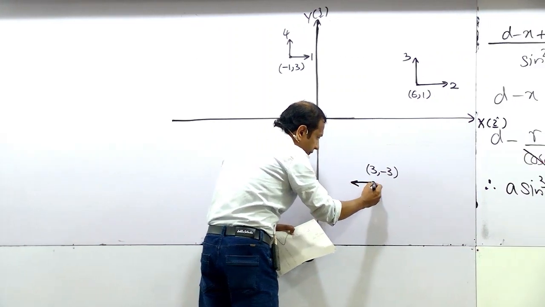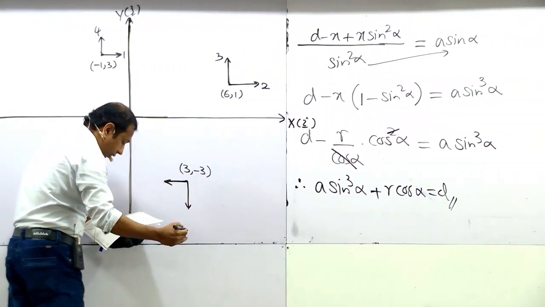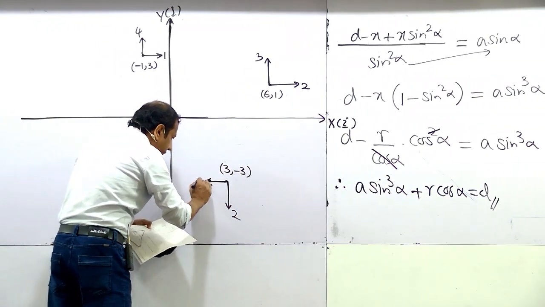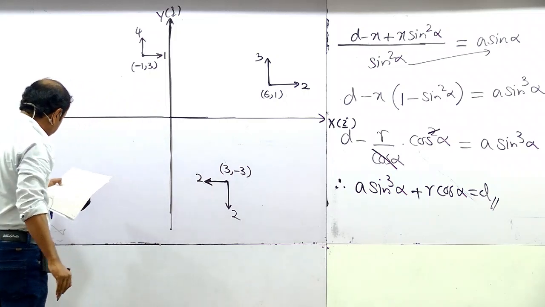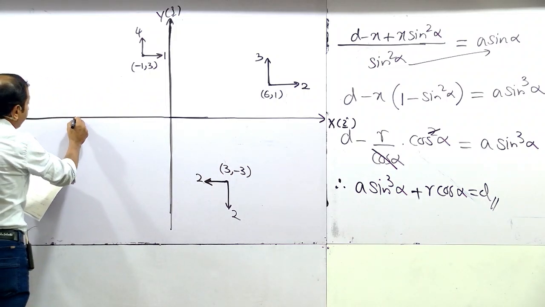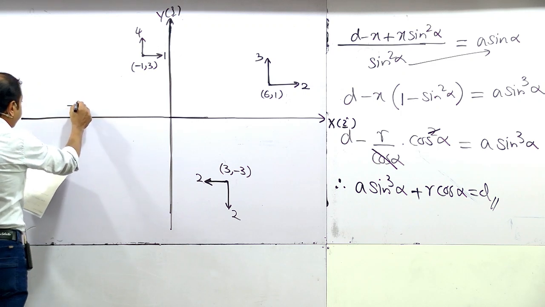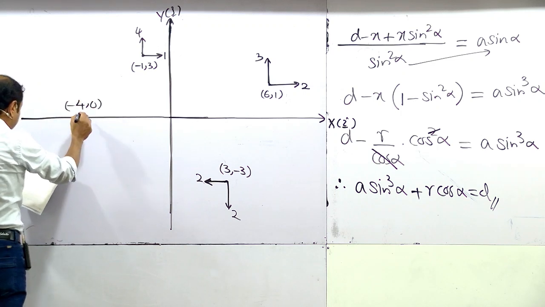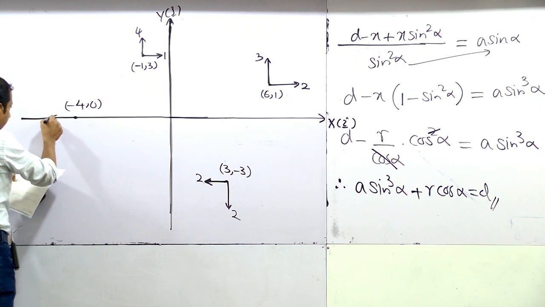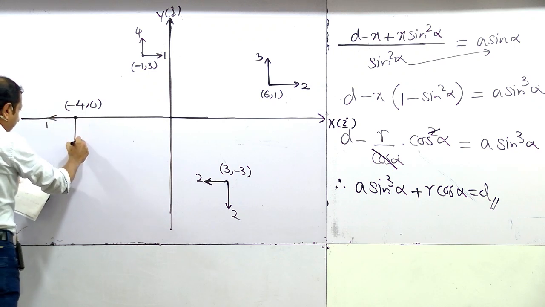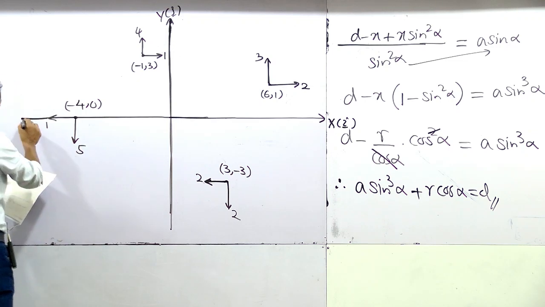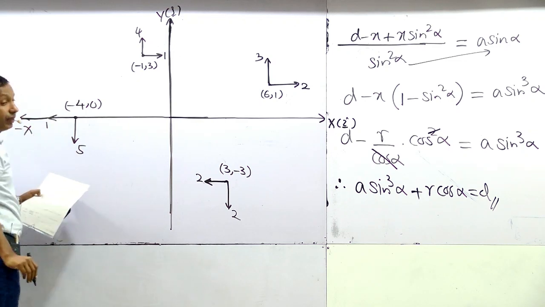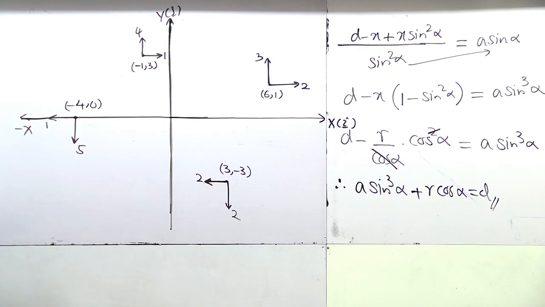Too much noise in the class. Right, here 2, this is 2. And at -4, 0, the forces 1 here, 5 here. Okay, this is the negative x-axis. Right, I think this you can mark.